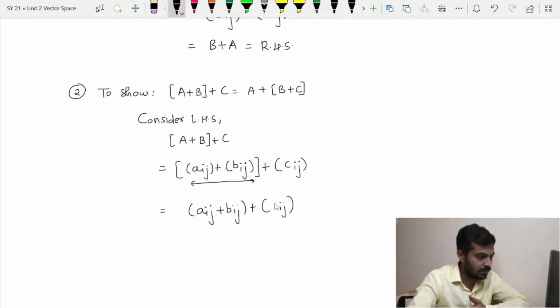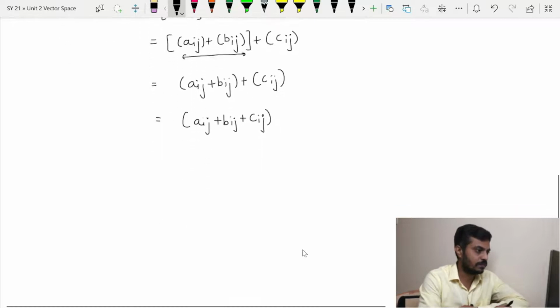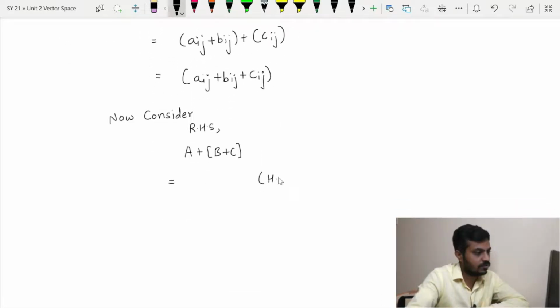Remember this is small c. And again using the definition of matrix addition, it will be Aij plus Bij plus Cij, and this is nothing but our LHS. Now the same thing can be done for RHS as well, and that I leave to you, that is homework.